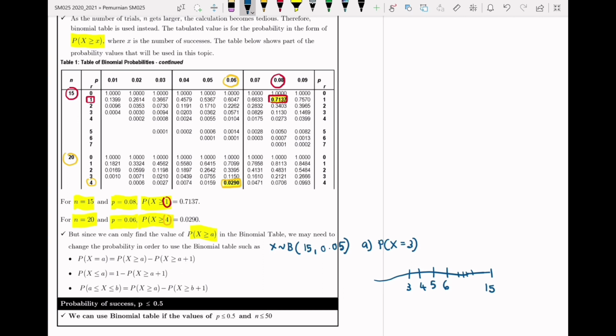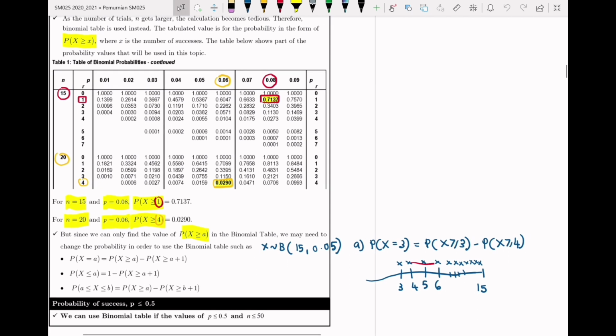We want to find the value of X equals 3. So what we need to do is P(X ≥ 3) minus P(X ≥ 4). Because if we have P(X ≥ 3), we will have the values from 3 to 4, 5, 6 up until 15. But we don't need the values X greater than or equal to 4, so we omit them.